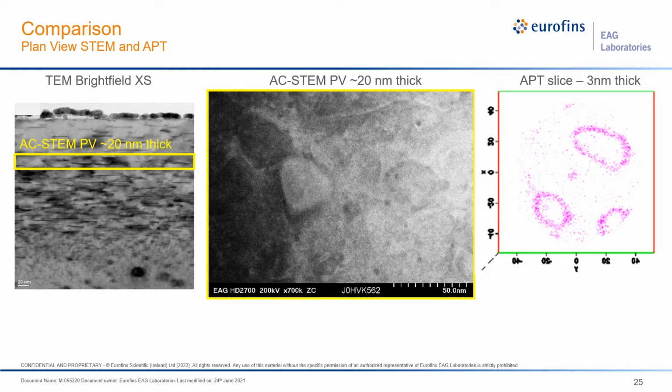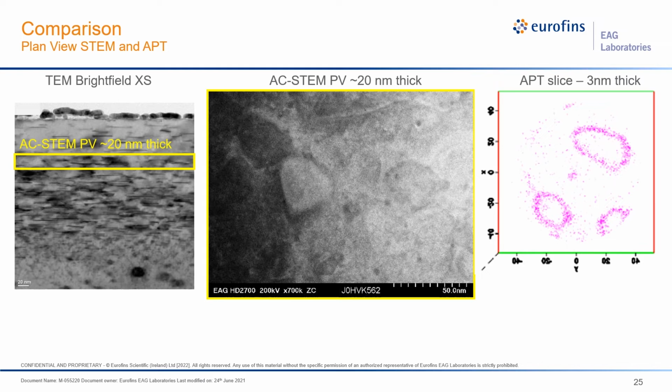So we can utilize another technique, AC STEM again here, but in plan view, so we can make a sample to mimic our 3 nanometer slice in the APT, and then compare the two. We can see we have very good agreement in terms of the topology of this kind of defect.